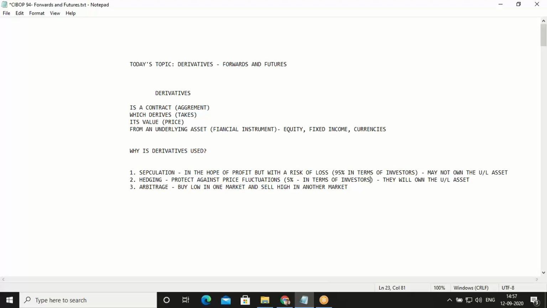That Infosys shares lose their value, to like 5 lakhs or even 1 lakh. Your investment goes down, right? Or the value of your investment goes down. So, how can you protect your investment? By hedging. You can enter into a derivative contract to protect yourself in case the price goes down. We'll talk about those kinds of examples in a bit.